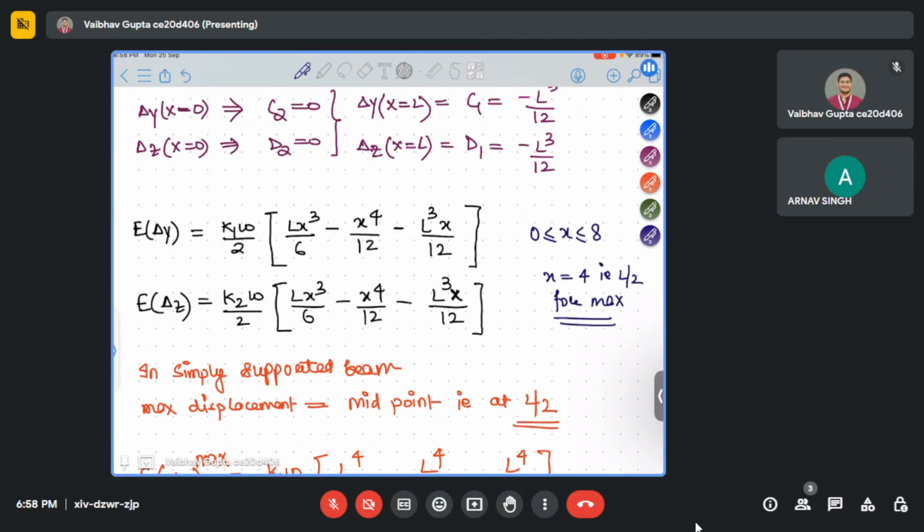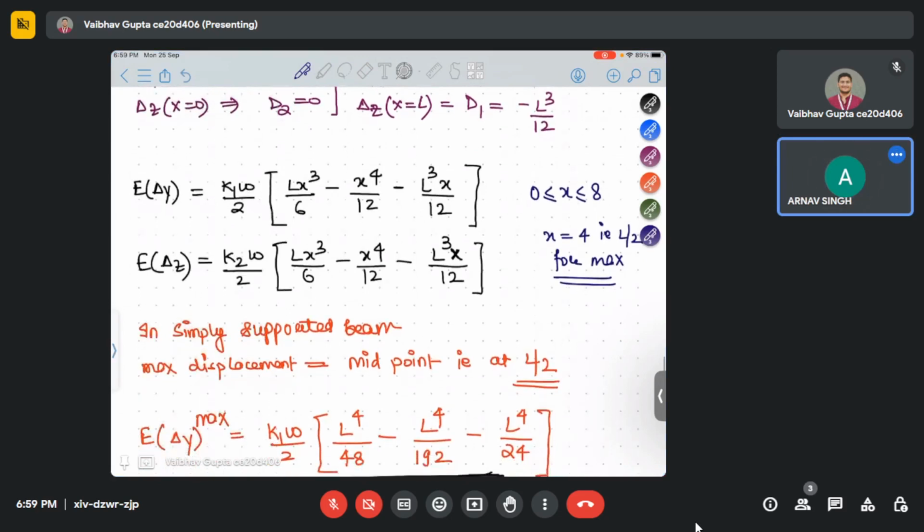See, at the hinge support, if you put x equal to 0, you will get deflection 0. If you put x at L, you will again get 0, which we have assumed also. So this is the general expression. To calculate the maximum, you have to put x equal to L/2.